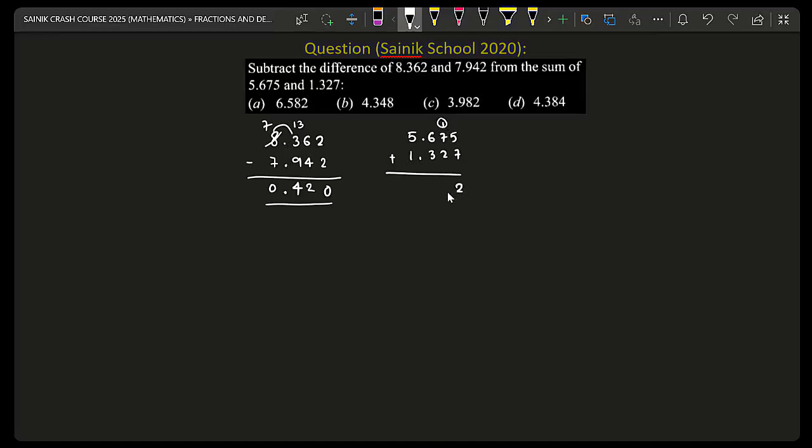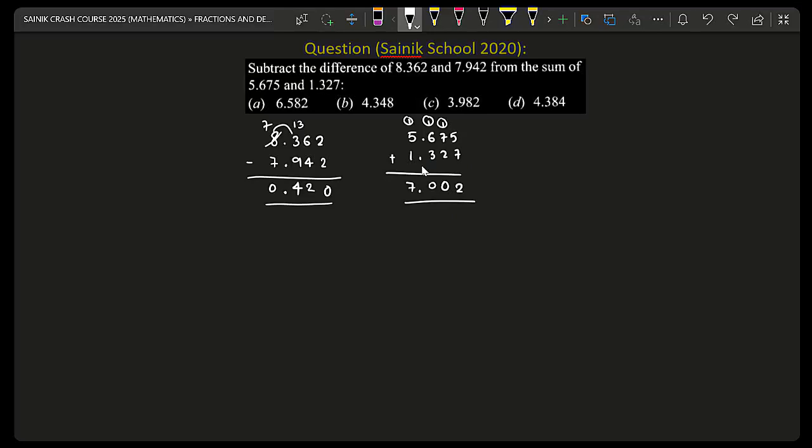Next, 10, 0, 1 carry. Next, 10, 0, 1 carry. Next, point, we'll be using that, and that is 7. 7.002, right? Yes, sir. Now they said subtract the difference of these two from the sum of these two. So what is the final answer we are going to get?